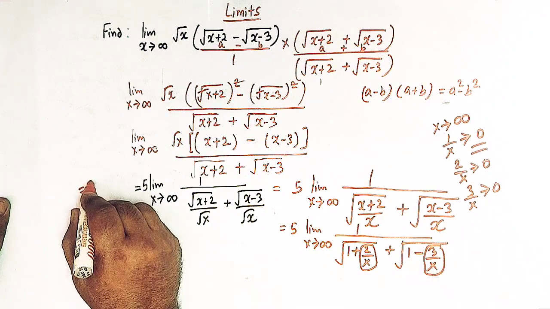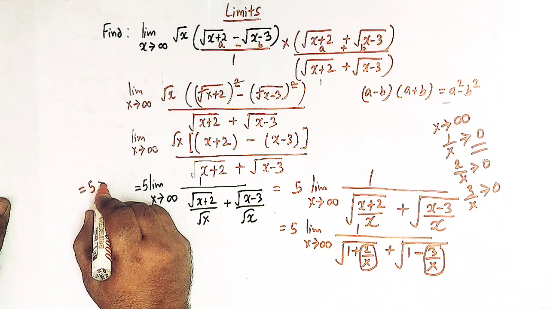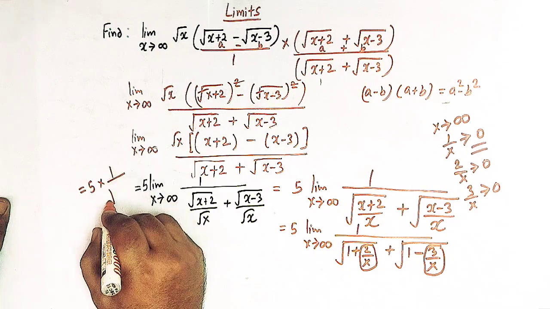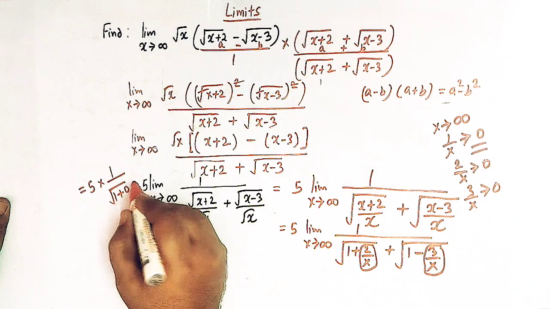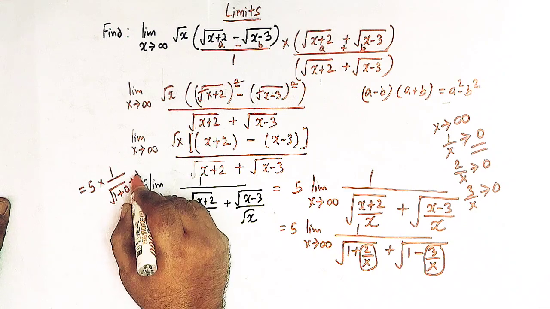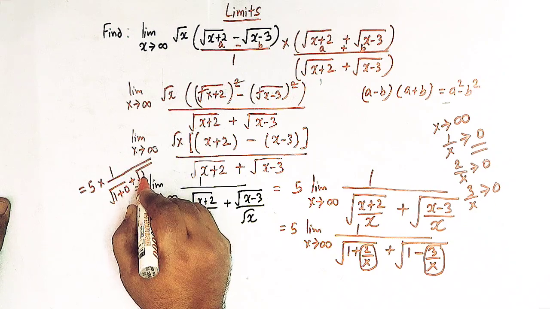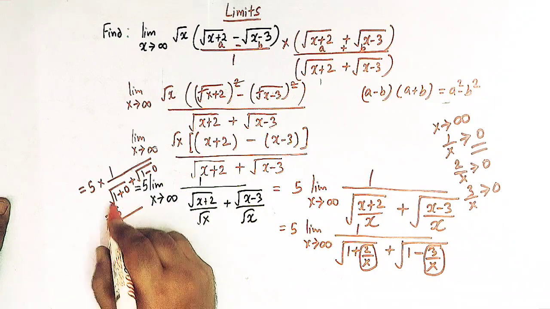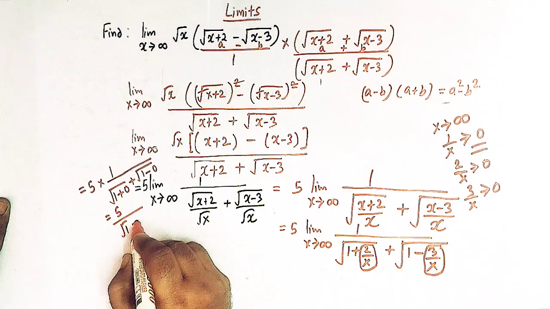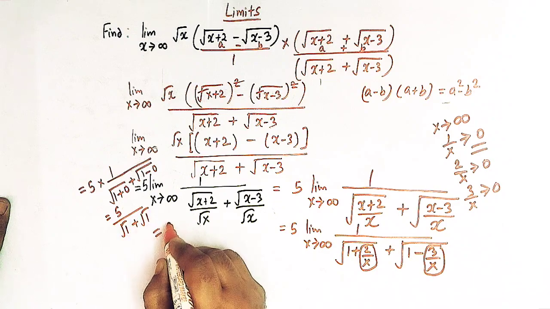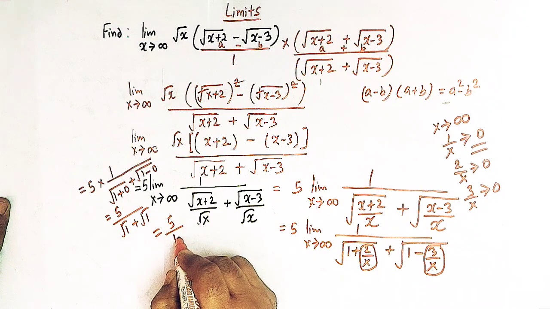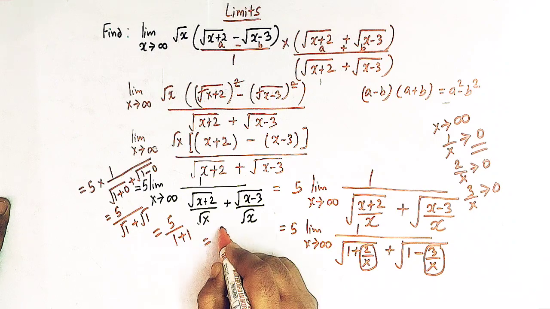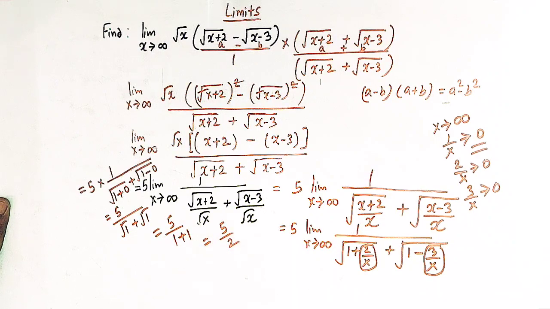So now we have 5 times 1 over square root of 1 plus 0, plus square root of 1 minus 0. So we have 5 over square root of 1 plus square root of 1, which is 5 over 1 plus 1, that is 5 over 2.